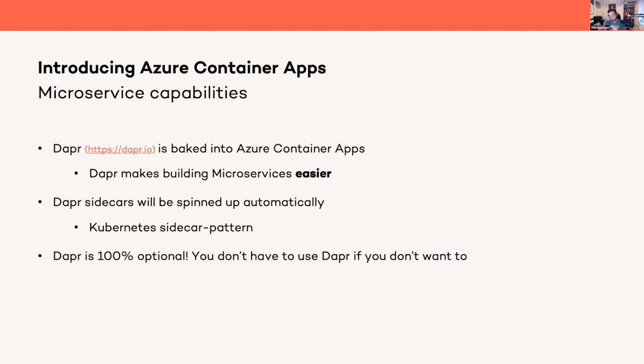So only if you mark a certain container, hey, please use Dapr, then they will inject Dapr for you, and you don't have to care about it. And again, it's 100% optional. You don't have to use it if you don't want to use it. It makes things easy that the entire Dapr placement and Dapr D stuff is already built into the service. So if you want to use it, just specify it and they take care of the heavy lifting.